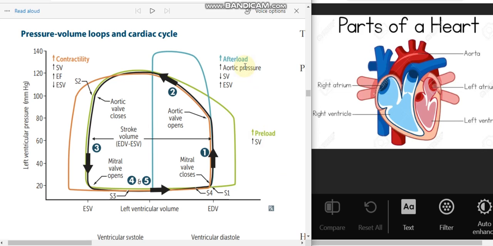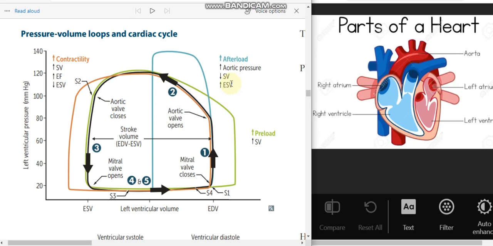The second is, what happens if the afterload increases. Afterload increase means we can have hypertensive conditions, or decreased stroke volume due to hypertension, right? Increased aortic pressure, like coarctation of the aorta, or increased end systolic volume.